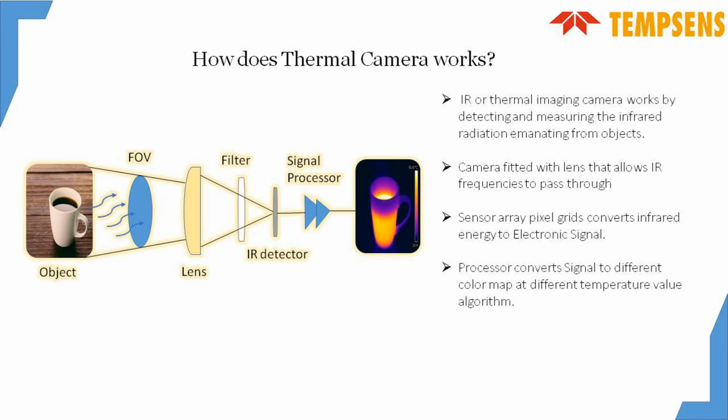Then the sensor detects the infrared radiation and converts each array of pixels into an electronic signal. The processor converts the signal to a different color map at different temperature values using an algorithm, and at last on the display of the camera you are able to see the thermal image and identify the hot spot and cold spot and a particular spot that you want to measure.